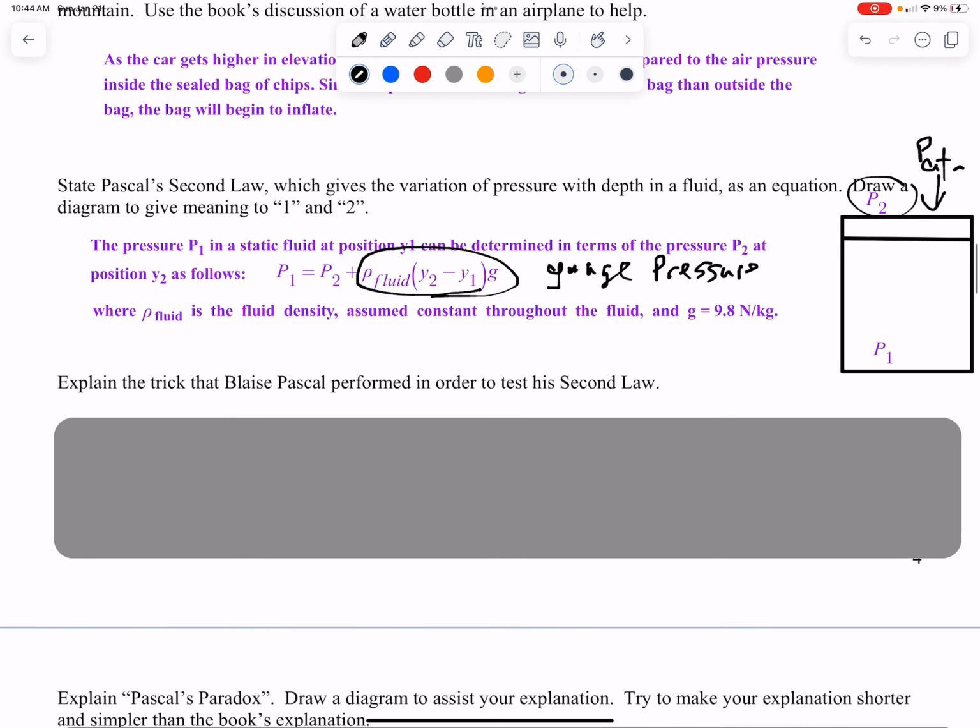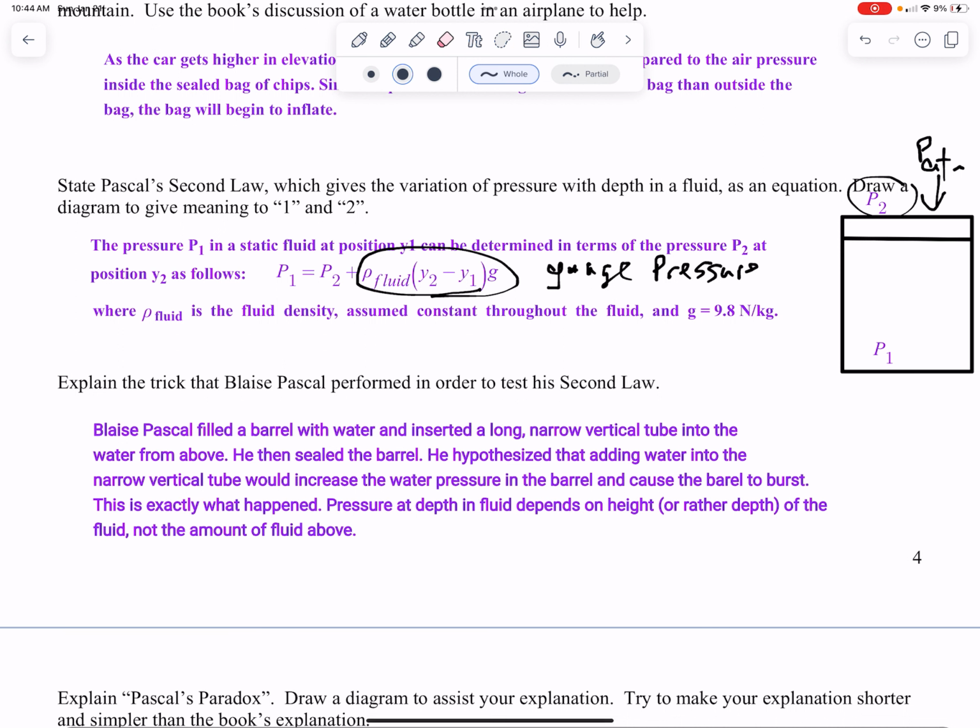Now, explain the trick that Blaise Pascal performed in order to test the second law. So what he did is he had a big, long barrel. Now the barrel was filled with water. And in the top of it, he stuck a long tube, which was very, very skinny, and he filled the tube with more water.